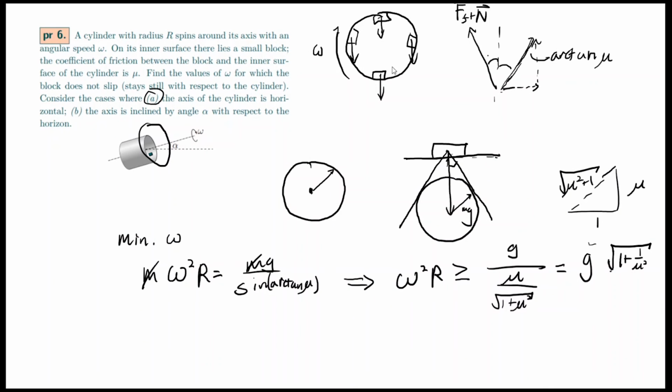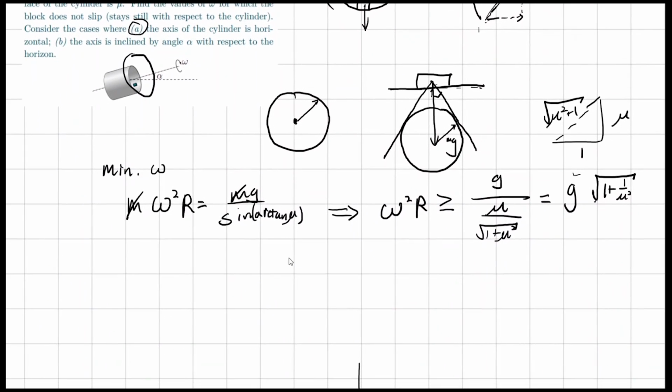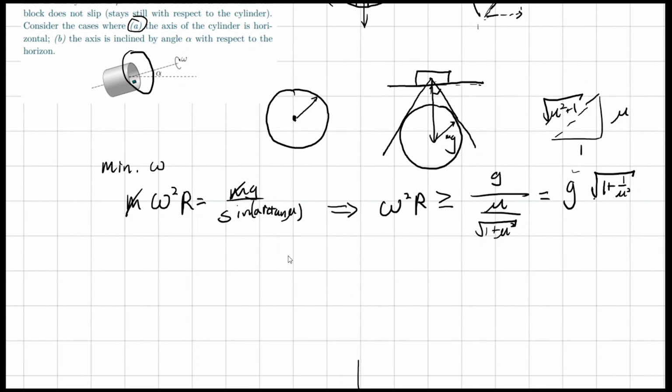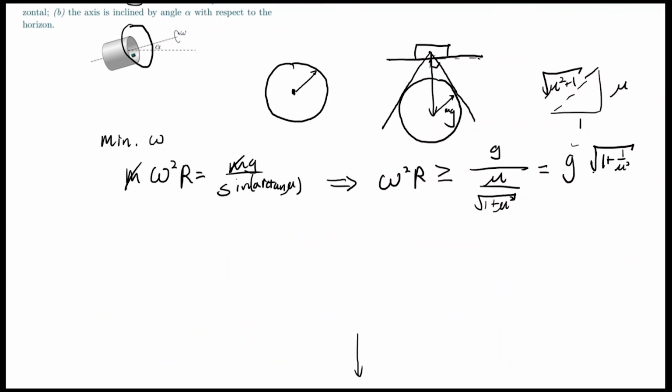In this one it was very easy, we could have just looked at it from this perspective, but this one is going to be a bit more difficult because of this tilted axis. But one thing we can do is say that the two of them will define a plane, and we're just going to use the plane that contains them, and then work from there.